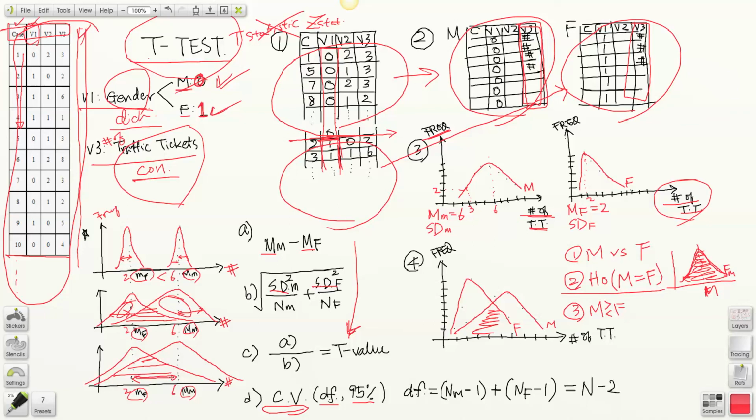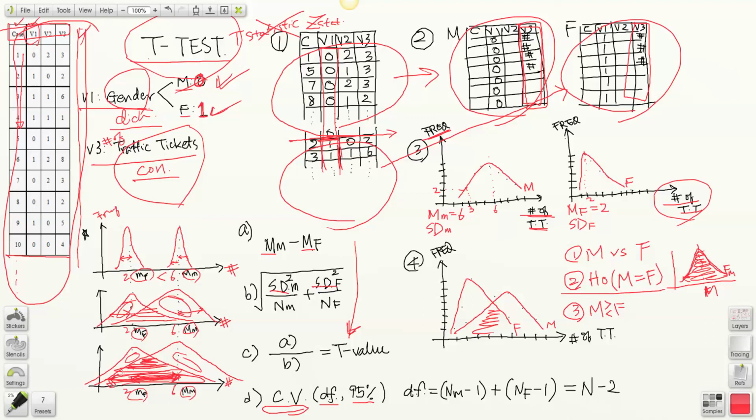This wider dispersion, as a matter of fact, this is not the dispersion. This dispersion is from here to here. The dispersion of number of traffic tickets for male subpopulation is this much. Compare this to this. This is where the overlap lies. And this overlap is obviously larger than the unique difference pertaining to each subsample.